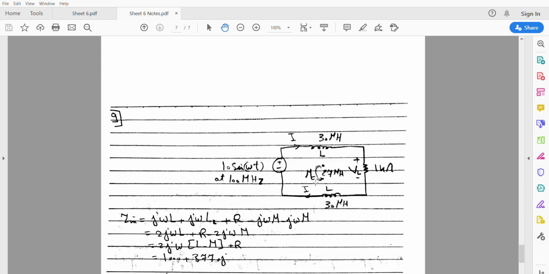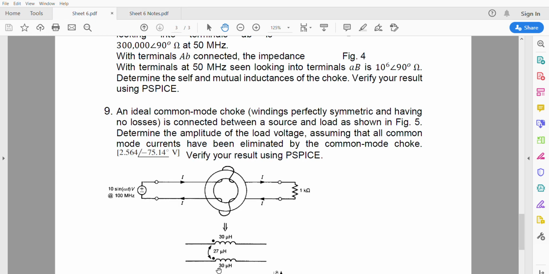So this is the equivalent circuit. We have two inductors with a value of 30 microhenry, and a mutual inductance between them equal to 27 microhenry. All we need to know is the value of VL, the load voltage at this resistor. So the input impedance is equal to j omega L, which is this value, plus j omega L, which is this value, plus R, minus j omega M, minus j omega M, again, as we have two inductors here.